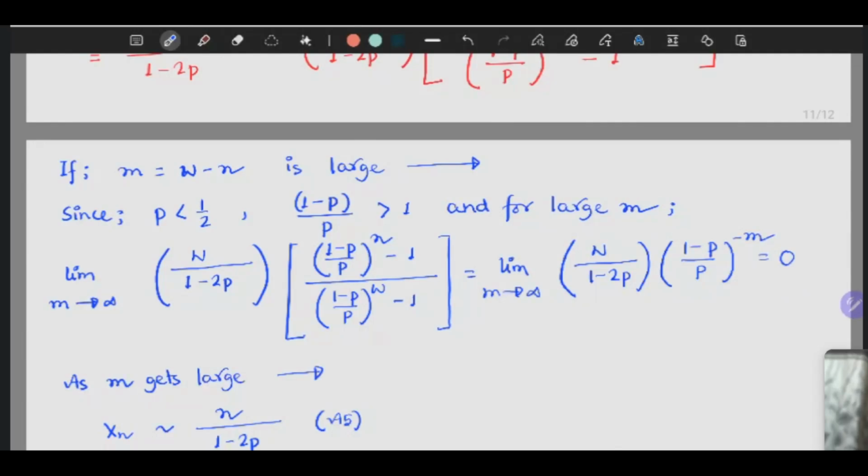Since we took m to be very large, here the total number of steps is not close to this n by 1 minus 2p. So that's why you can get this idea.